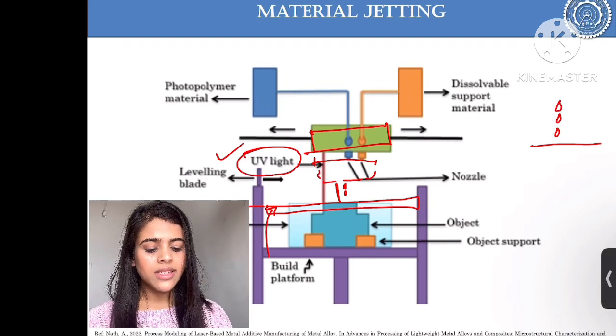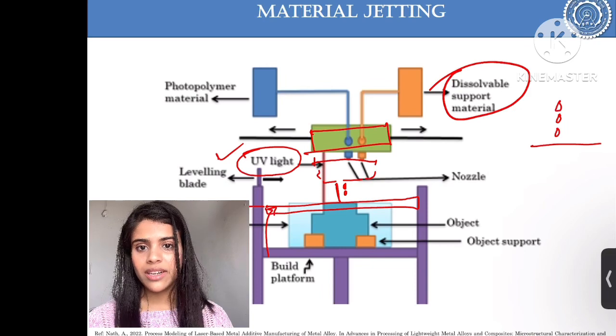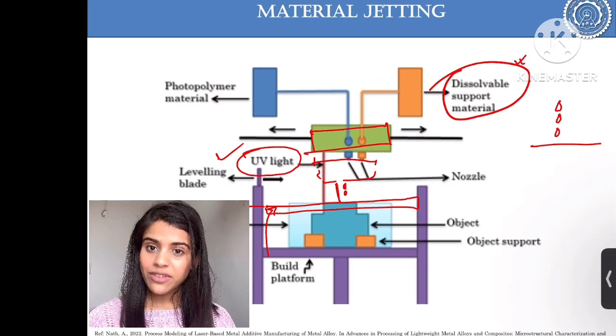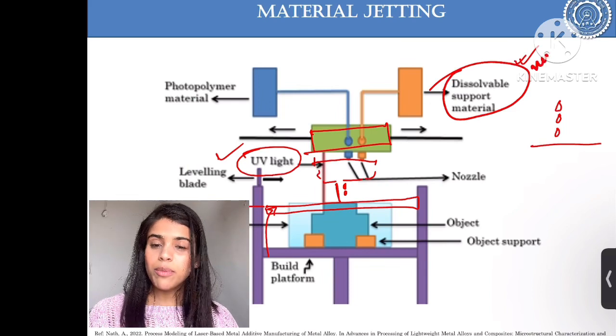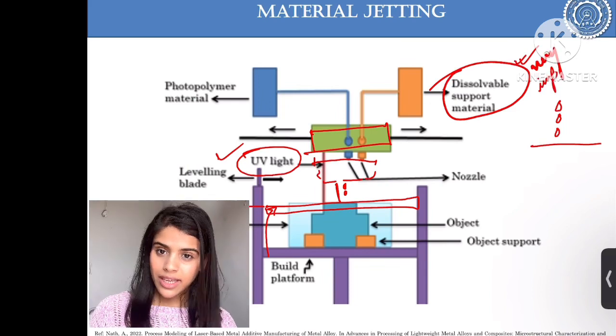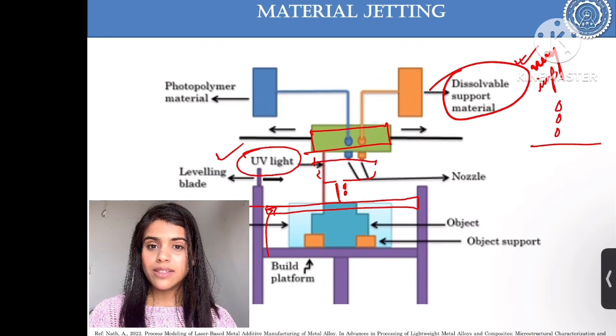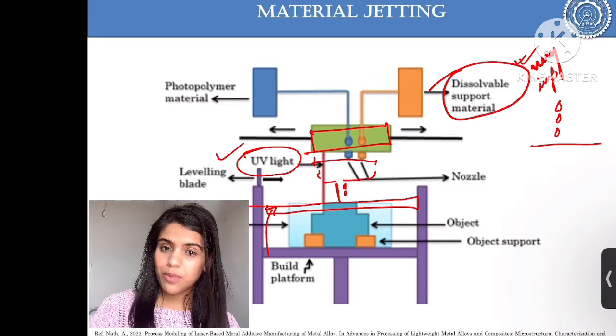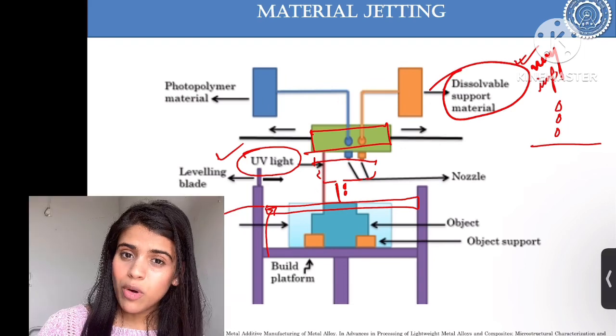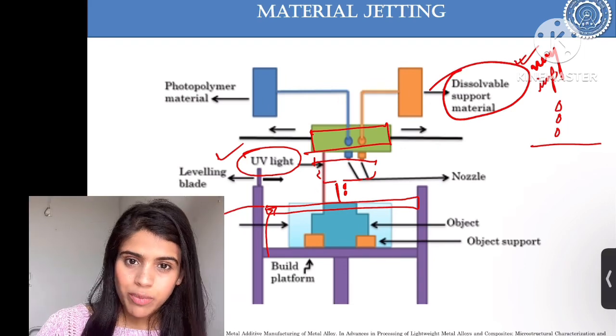Here one thing is written, support material. In additive manufacturing, this support structure or support material is a very important thing. In another video I'll be talking about this support structure and support material, because it's very important for the PBF and DED processes also.